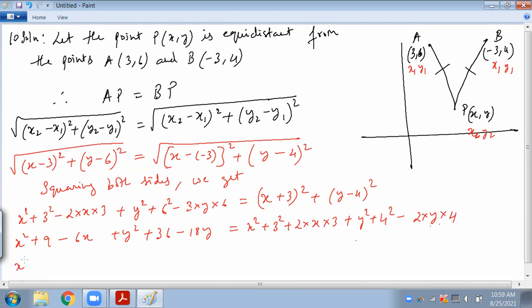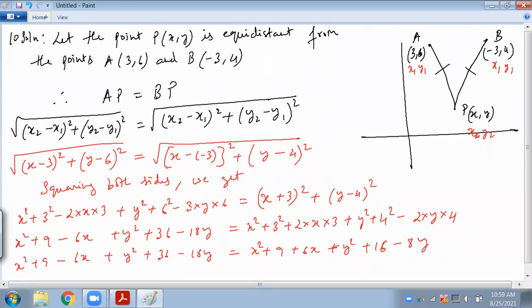I can solve it. 3 square is 9 plus 2 into 3, 6x, plus y square. 4 square is 16. And 2 into 4 is 8y.